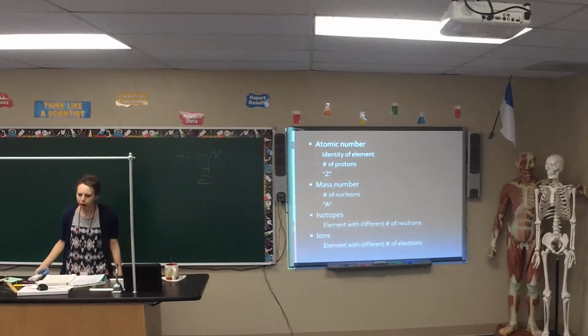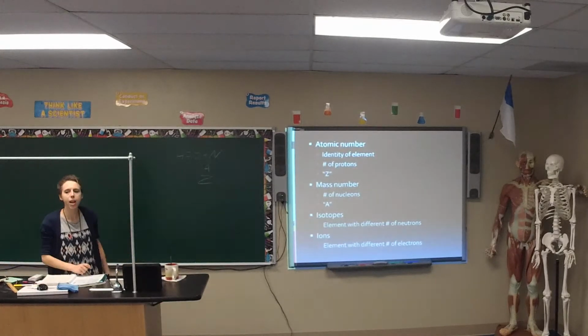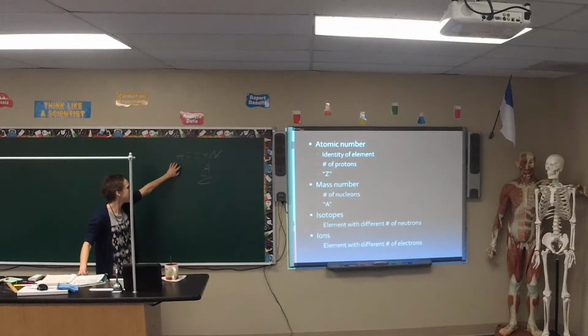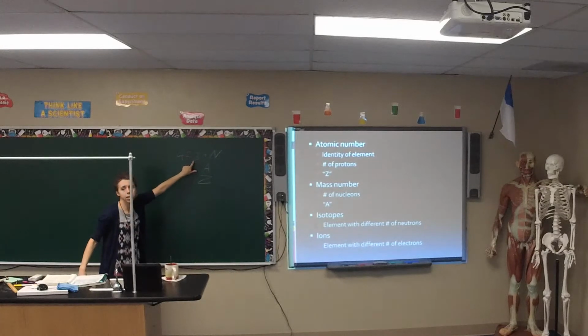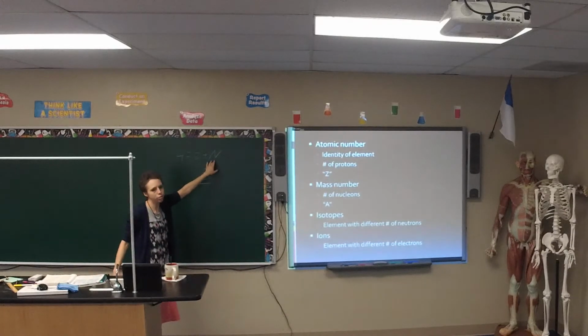We're not going to practice that because it's simple algebra. If I know the mass number, because the number of protons does not change per element, you can use your periodic table to find the number of neutrons. And if I give you the number of neutrons and protons, you can add them up and find the total number of nucleons.